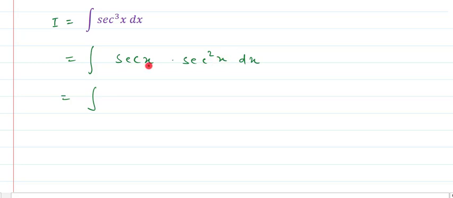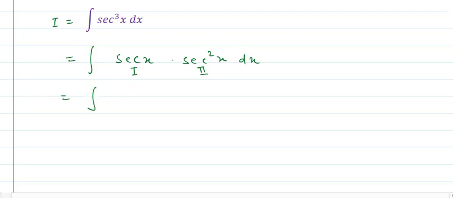Here secant x has the integration log secant x plus tan x, whereas secant square x has its integration simply tan x. So we will prefer to take secant square x as the second function because its integration gives us the simpler function. Okay, and secant x as the first function.